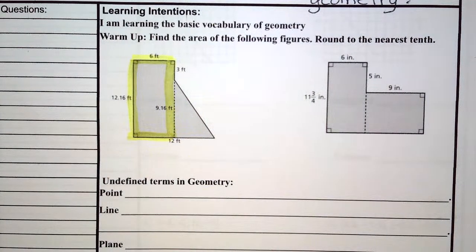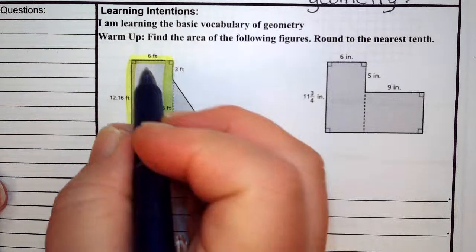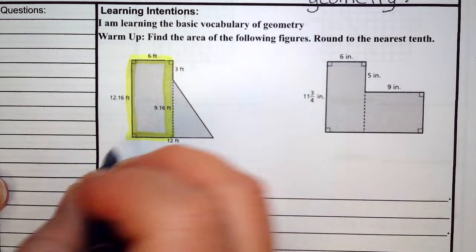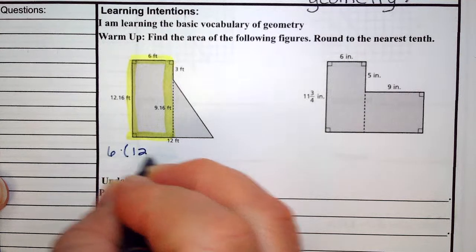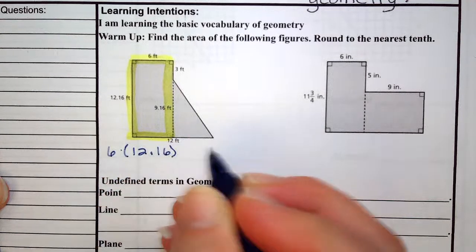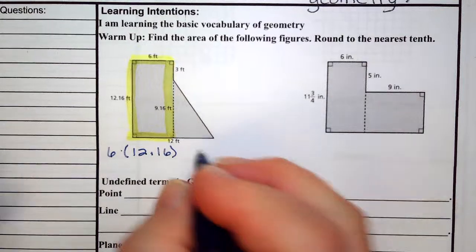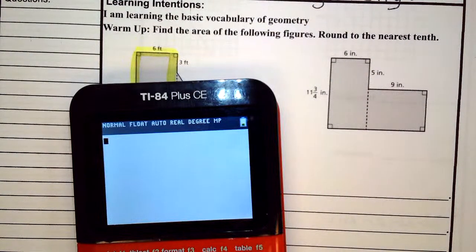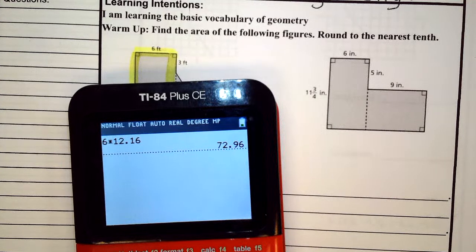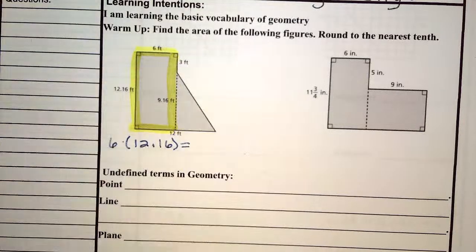And so if I'm looking at the base times the height, six times 12.16, 12 and 16/100, and that's 72 and 96/100.